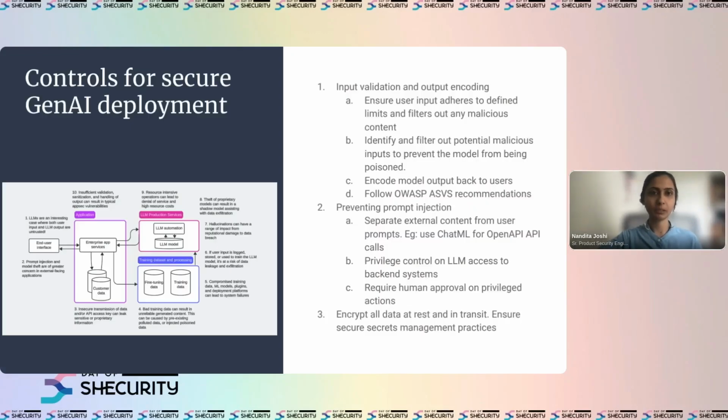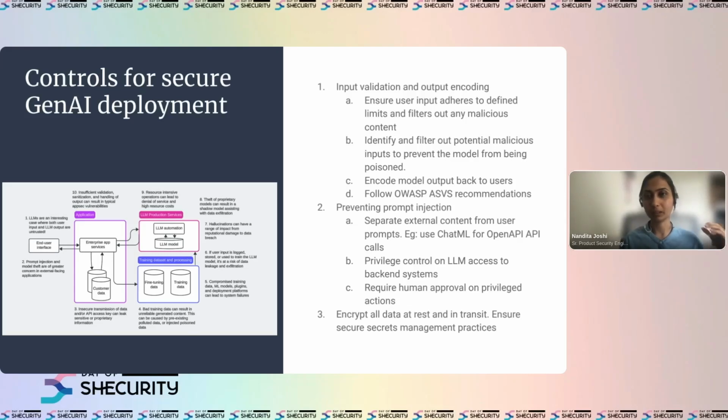So, controls for secure Gen AI deployment: input validation and output encoding. Now in this case, it's a little different because you have to ensure that your user input adheres to certain limits and filters out any malicious content.